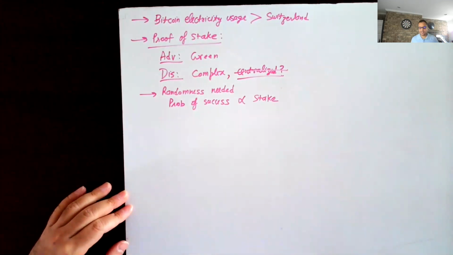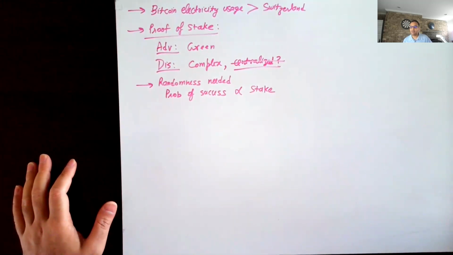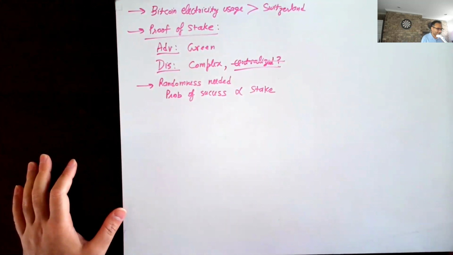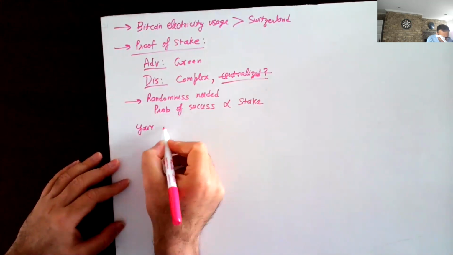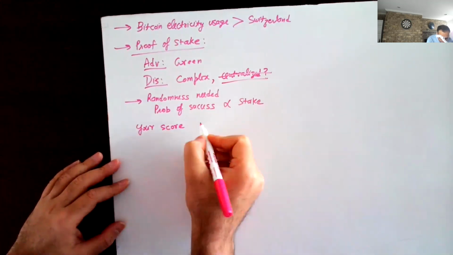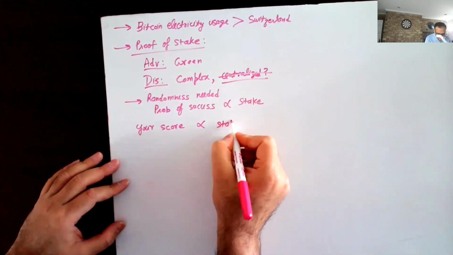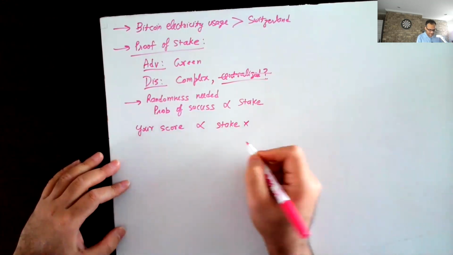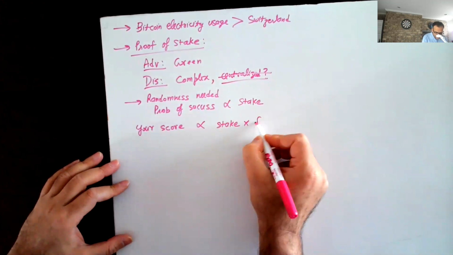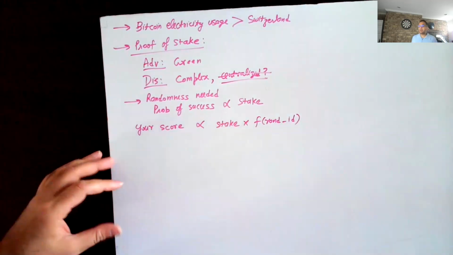And the way this is achieved is in every round, or in every block, every public key is assigned some sort of score. Your score should be proportional to your stake times some random number or some random ID.